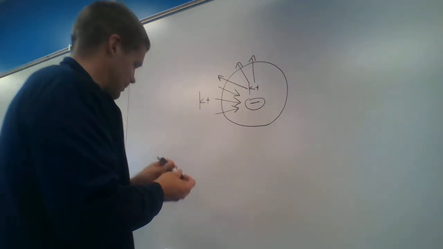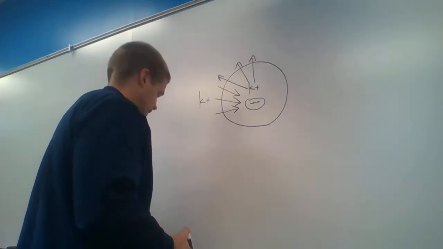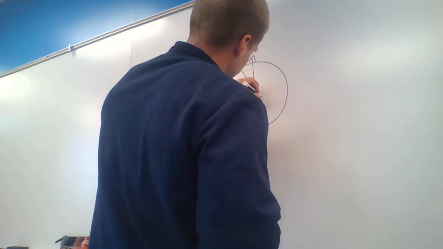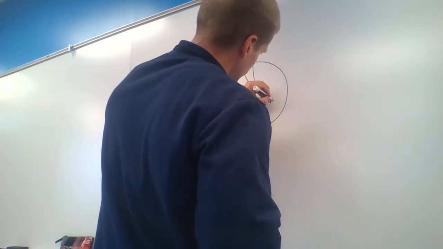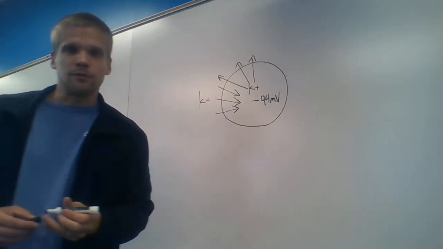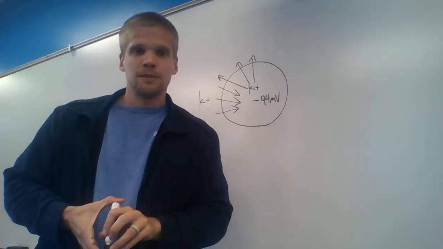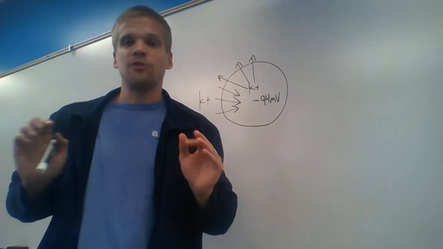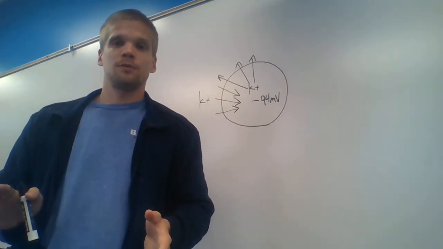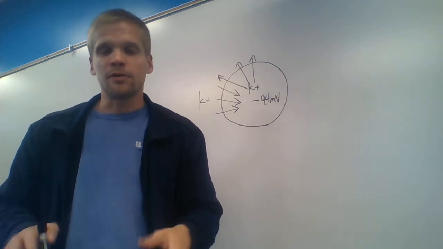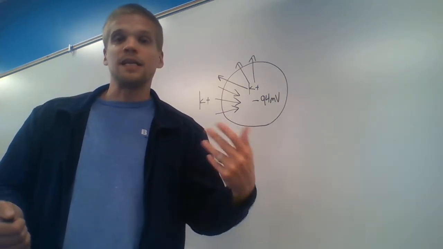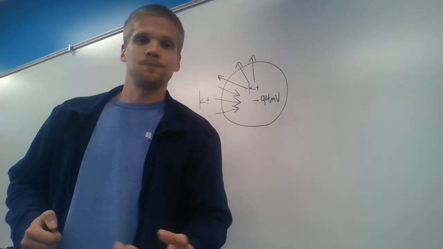And here's what happens. Eventually, the cell hits negative 94 millivolts. And when the inside hits negative 94 millivolts, you have established something that's known as an equilibrium potential.